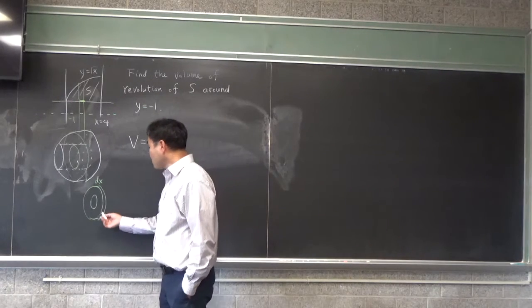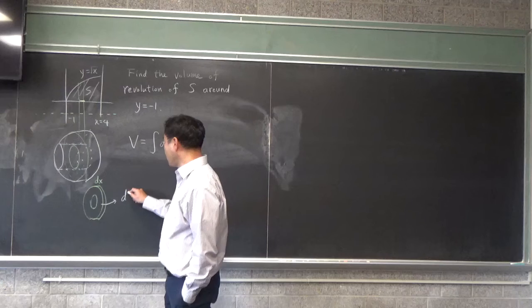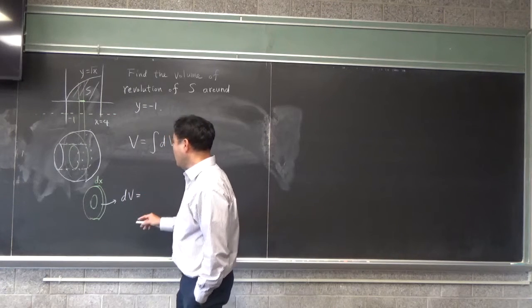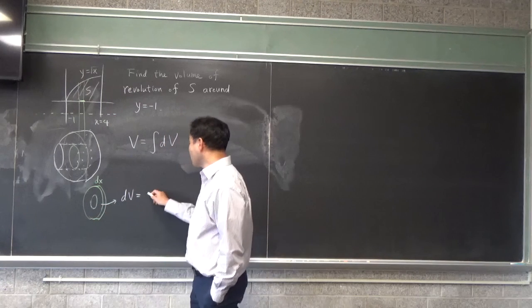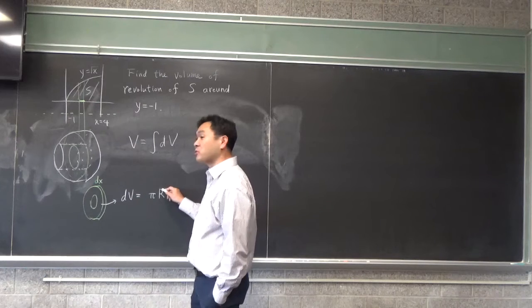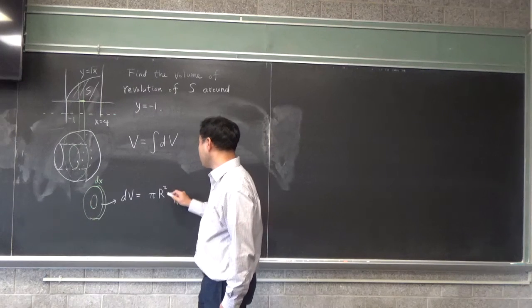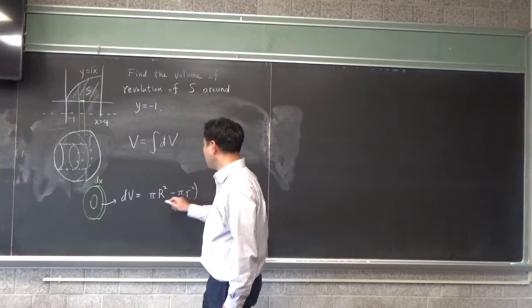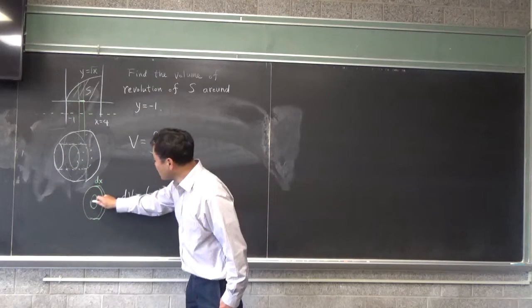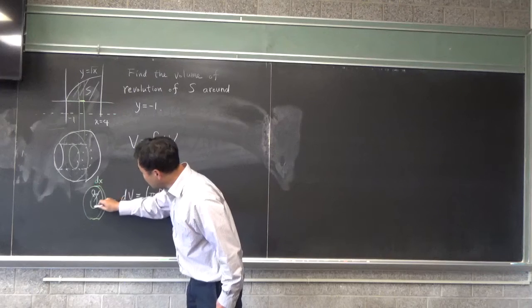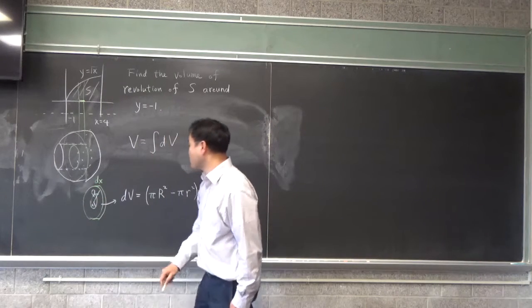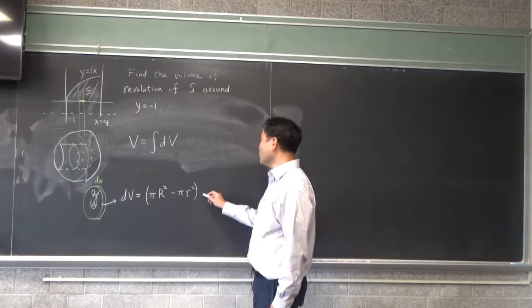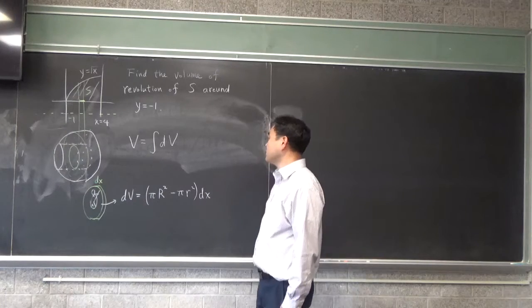Then the volume of this object, which we'll call dV, will be the area of the big circle. Remember, the area of a circle is pi r squared, right? Minus the area of the small circle, where big R is the radius of the big circle, small r is the radius of the small circle, and we thicken it by dx.